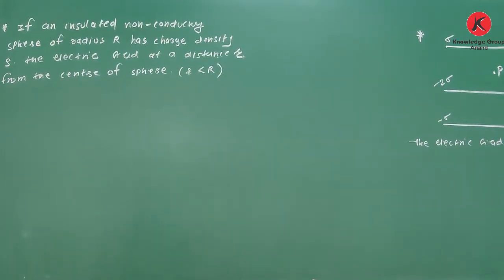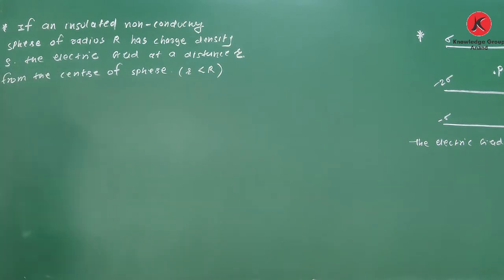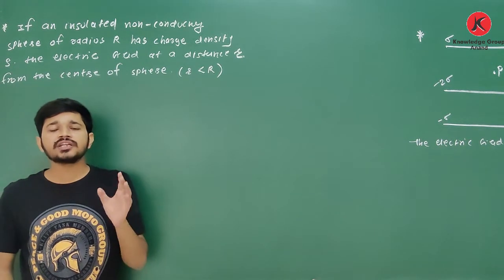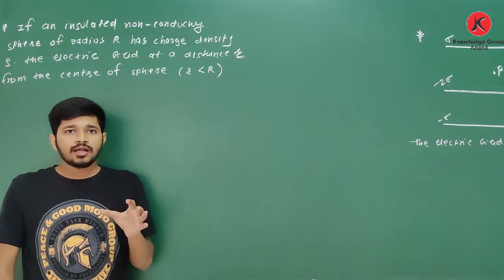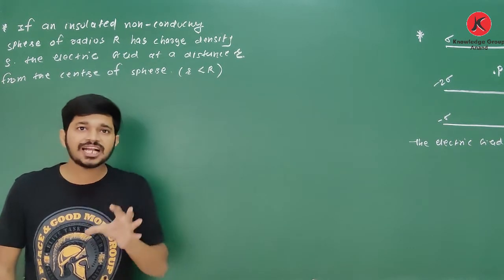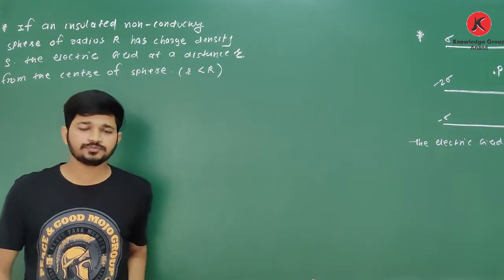Next question: if an insulated non-conducting sphere of radius R has charge density rho, find the electric field at distance r from the center of the sphere, where r is less than R. What is the difference between a non-conducting sphere and a conducting sphere? In a conducting sphere, charge is only on its surface; inside the conductor, charge is 0.